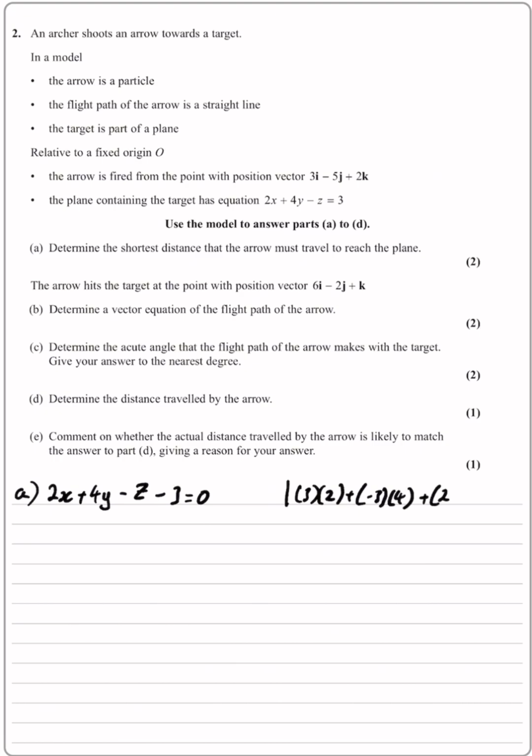So we multiply 3 by the 2, the -5 by the 4, the 2 by the -1, and then subtract 3. And we'll divide that by the square root of 2 squared plus 4 squared plus -1 squared. Plug that all in, and we get 19 lots of root 21 all over 21.